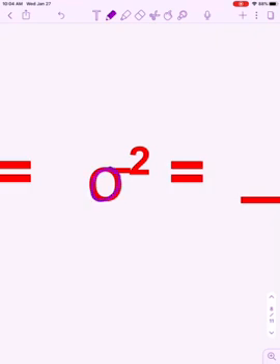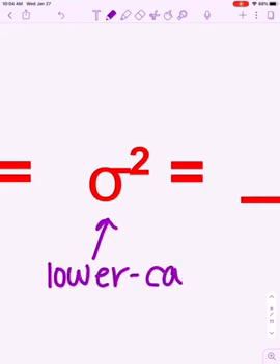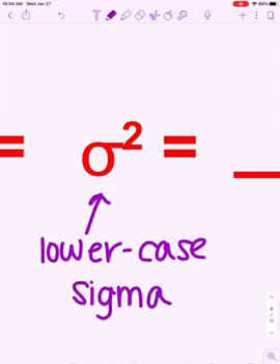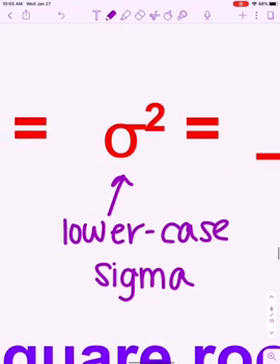This little O with the tail at the top, okay, this is lowercase sigma. We've talked about capital sigma, okay? Like this is capital sigma. That's the lowercase sigma. Because lowercase sigma is kind of a mouthful and it's hard to get to, I just say baby sigma.